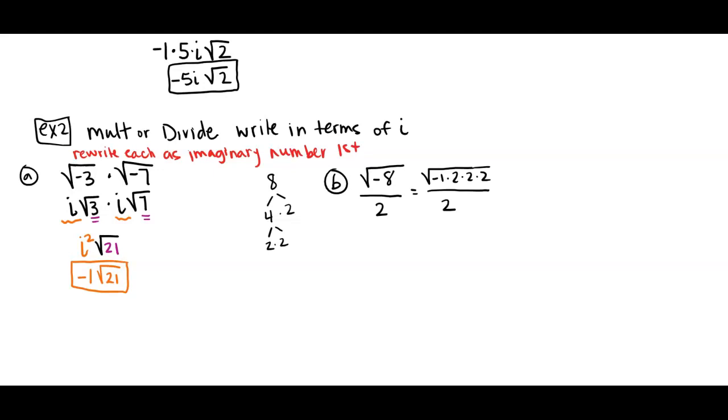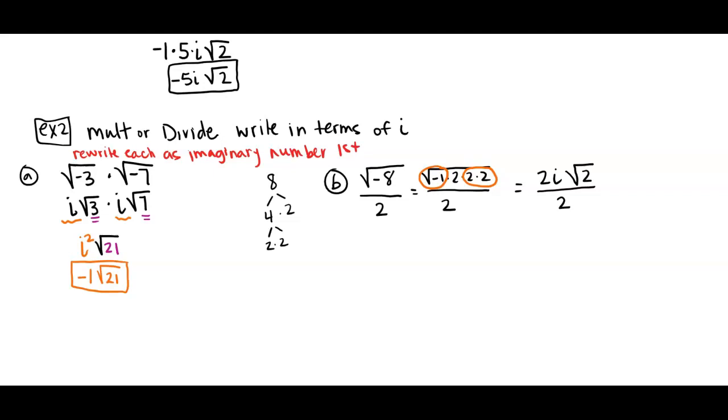Then I can see, what can I simplify? A 2 gets to come out, and the square root of -1 comes out as an i. So on the top, I have a 2 and an i that get to come out, but there's still a 2 stuck inside that square root. And now I have a 2 on the bottom.